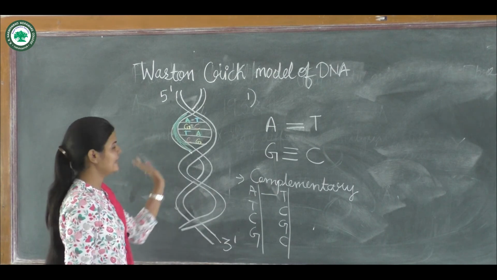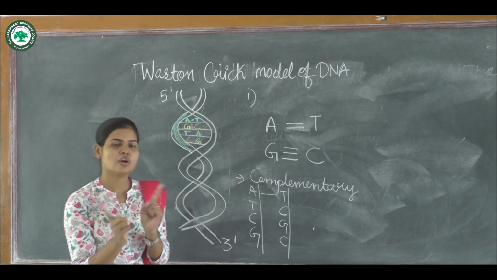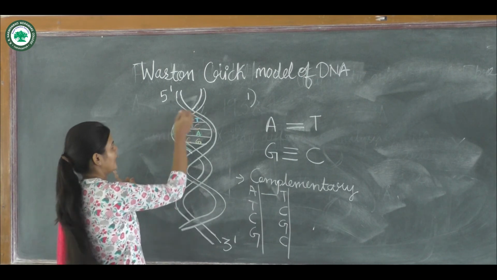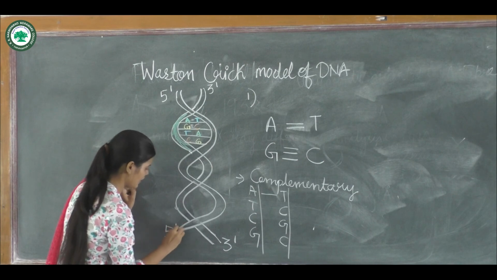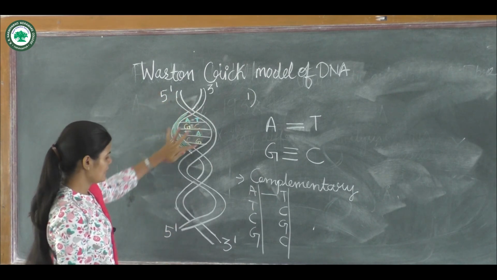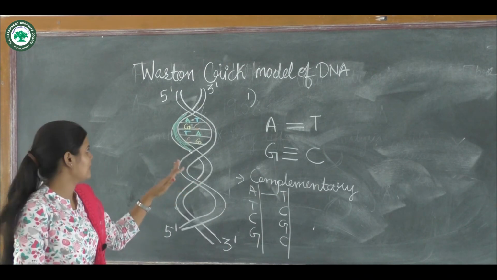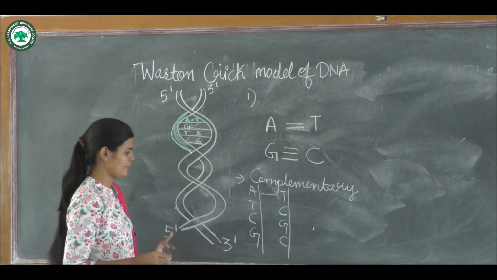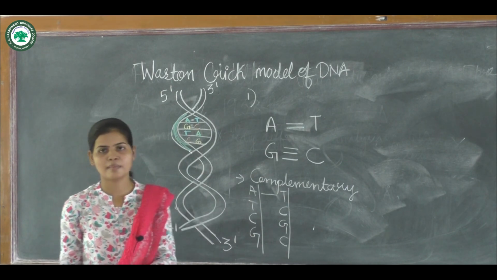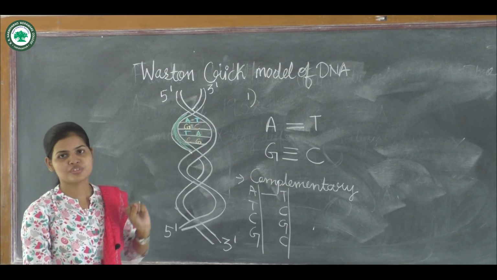Then the next strand has the opposite polarity, it will be in the opposite direction, that is 3 prime to 5 prime. So this is about the directions of the two strands.